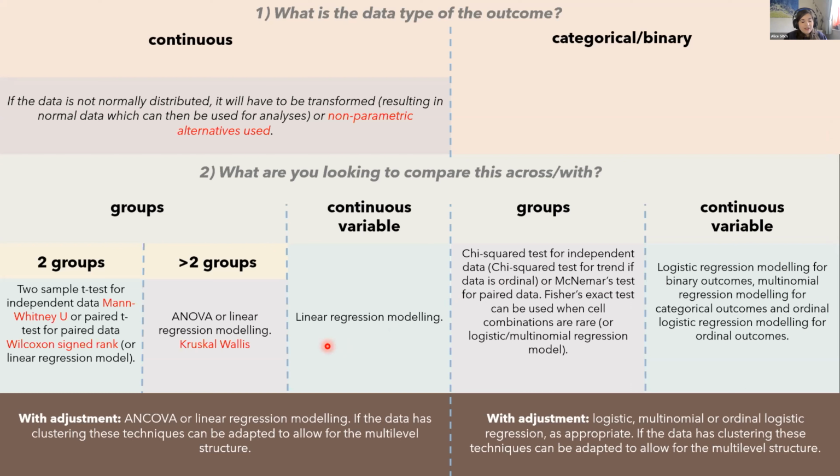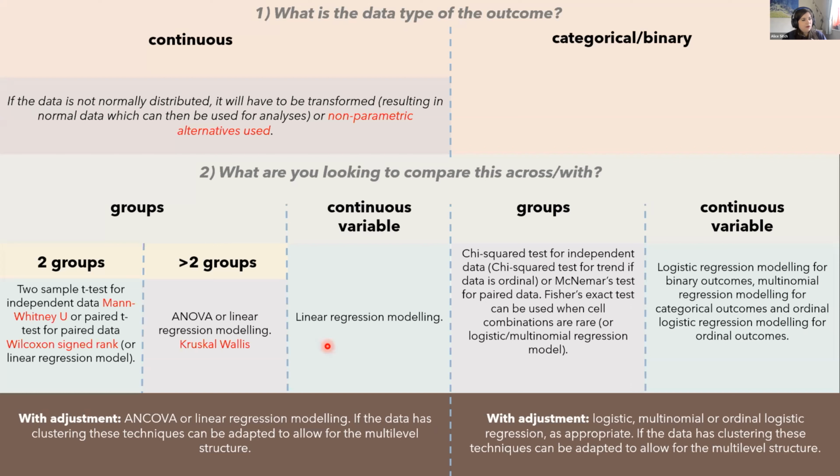But the choice of outcome is really driving that selection firstly. So if you have a continuous outcome and we want to use a modeling approach, it will be a linear regression model. Obviously, there are certain assumptions you need to fulfill around that, but that's where we would start looking with our analysis. If you have a binary outcome, then you're looking towards a logistic regression model.